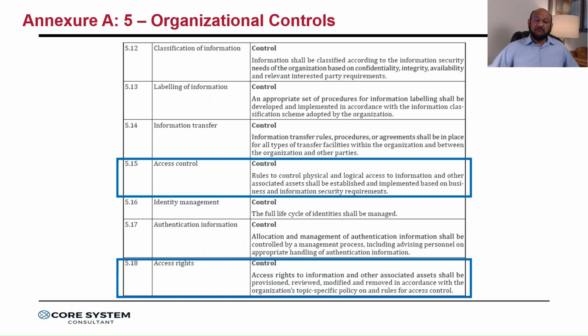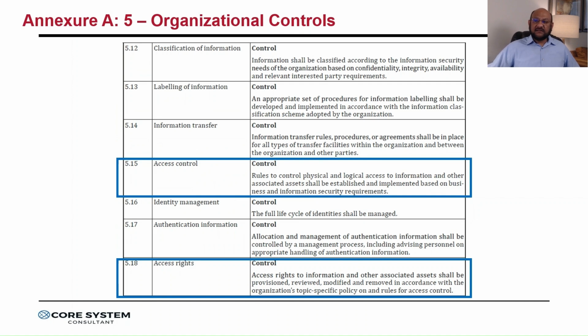And you need to define the access points based on their roles, based on their responsibilities, based on need to know. So this is the basis of the whole information security management system. The whole system gets developed to ensure that the access controls are being practiced.